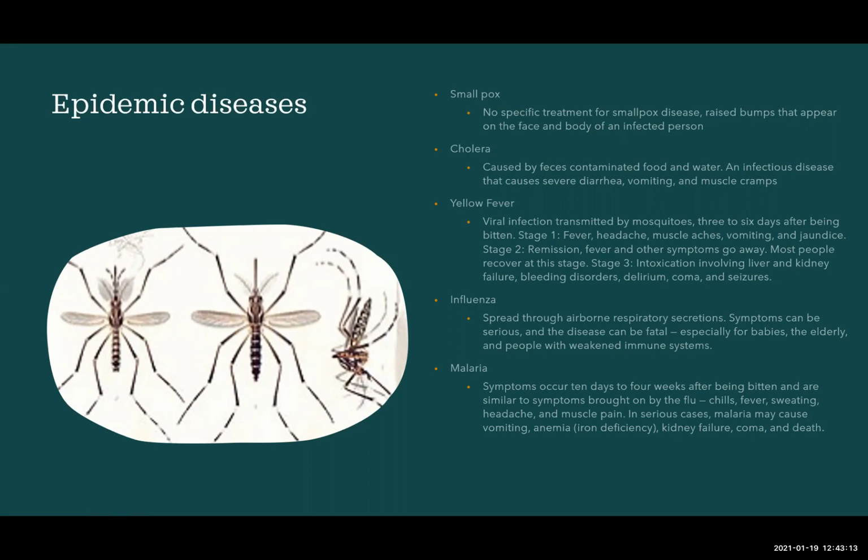And of course, at the first, they didn't know how it was transmitted. Now we have pretty good control, but we still sometimes, I think in the last couple of years, we've had some outbreaks. So it still comes up on occasion. Influenza, of course, and then malaria as well.